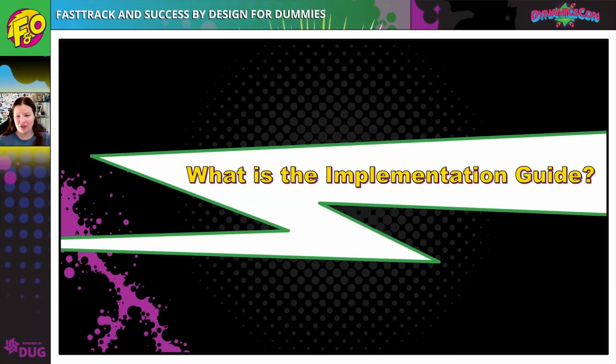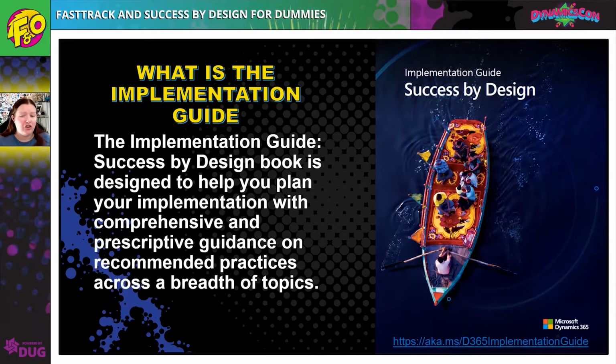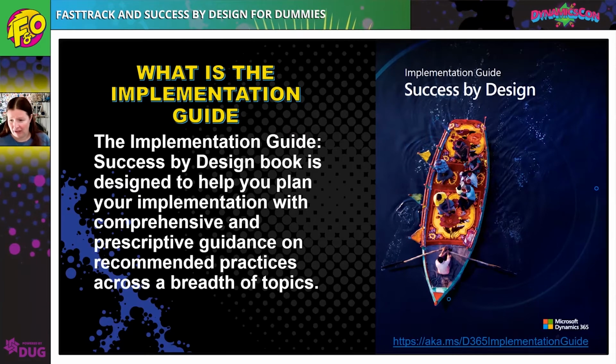Now I want to switch gears a little bit to talk about our implementation guide. You might be wondering, what exactly is this implementation guide thing? Well, I'm glad you asked. You can think of the Implementation Guide Success by Design book as your handbook for implementing Dynamics 365 projects.